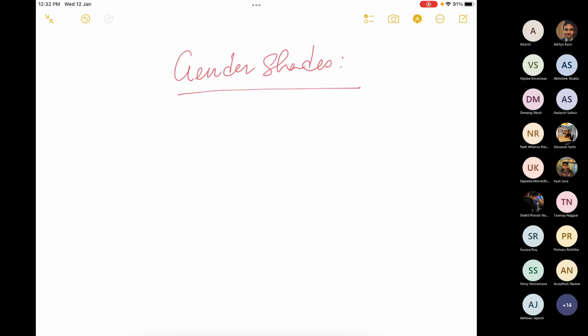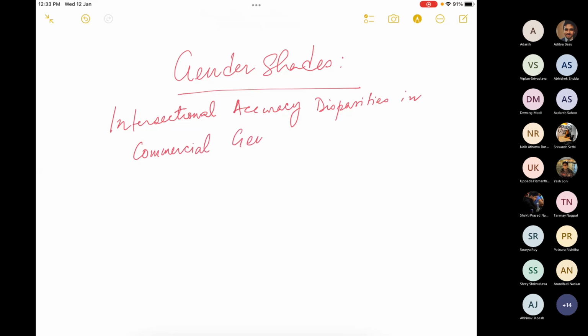The name of the paper is Gender Shades: Intersectional Accuracy Disparities in Commercial Gender Classification.